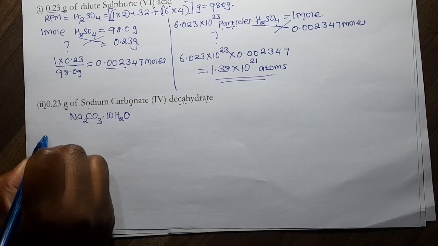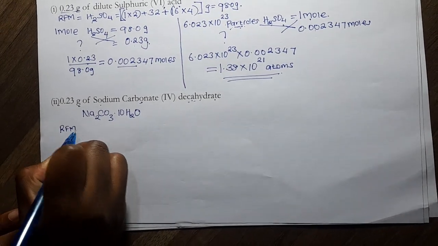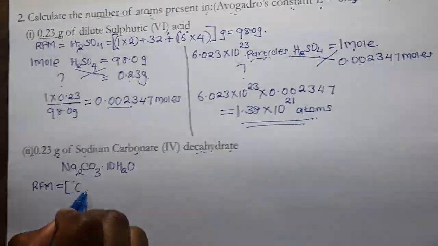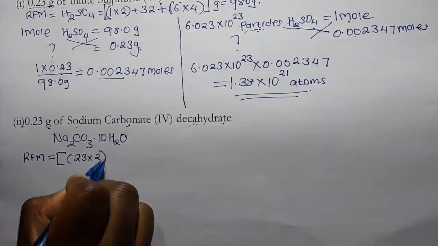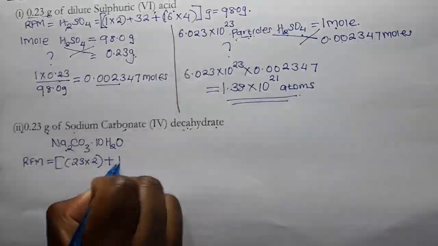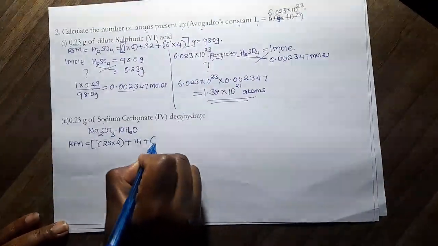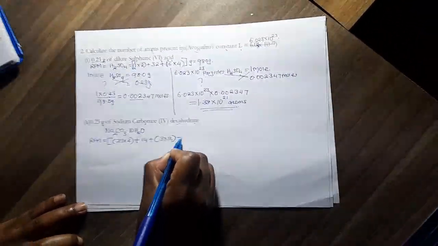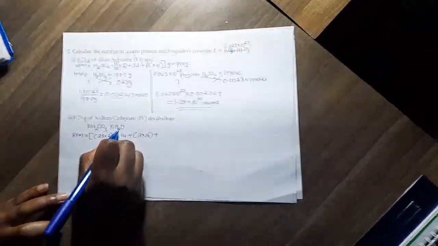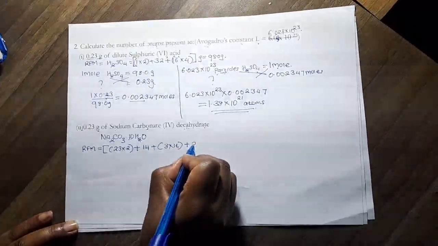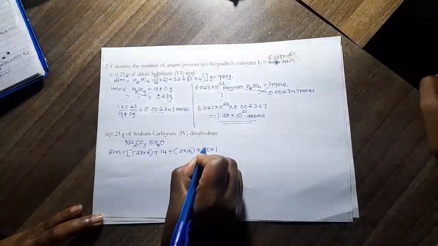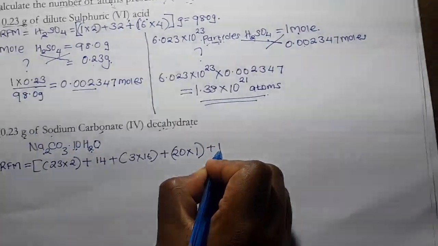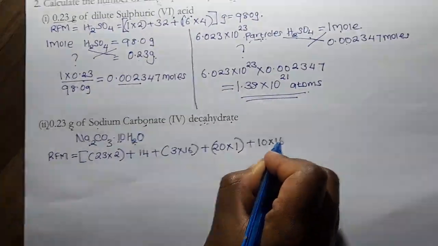So let us get the relative formula mass. So this is 2 sodium atoms, so we have 23 multiplied by 2. Then plus carbon has a mass of 14. Then we have 3 atoms of oxygen, so multiplied by 16, plus we have hydrogen, 10 multiplied by 2, that is 20, then multiplied by 1, so that is water, then plus 10 atoms of oxygen, that is 10 multiplied by 16.